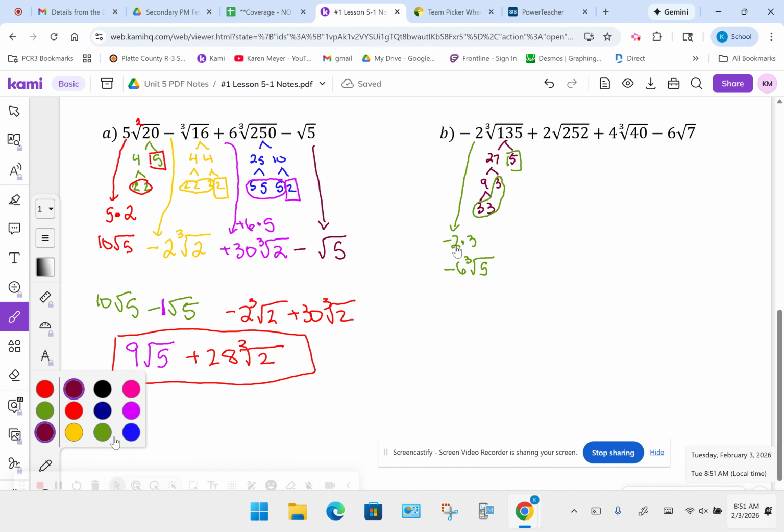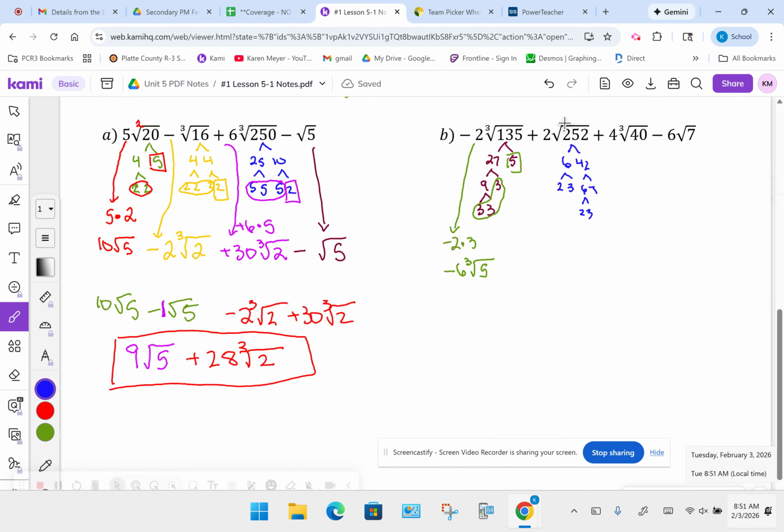Then for the next one, factor tree, I'm going to do 6 and 42. 6 is going to go to 2 and 3. 42 is going to go 6 and 7. And 6 is going to go 2 and 3. This root doesn't have an index number, so that means its index number is a 2. So we're looking for groups of 2.